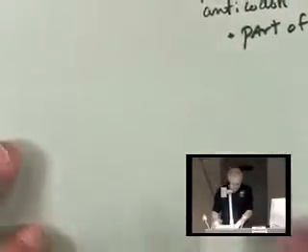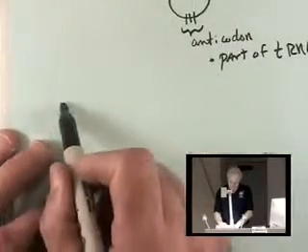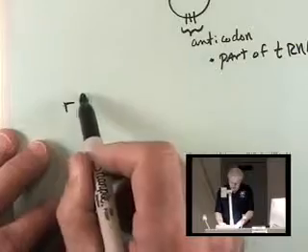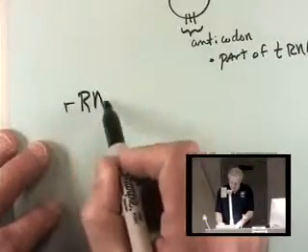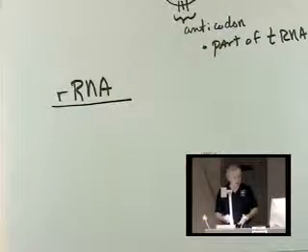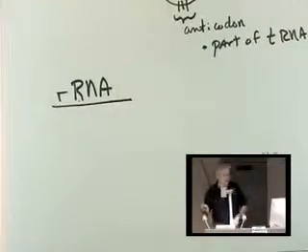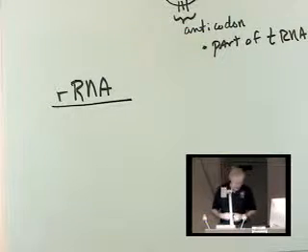Well, let's think of one other type of RNA first and make a couple points about that real quick. What about ribosomal RNA, or lowercase r RNA, ribosomal RNA? So ribosomes are also riboprotein complexes, but they're found in the cytoplasm of eukaryotes.